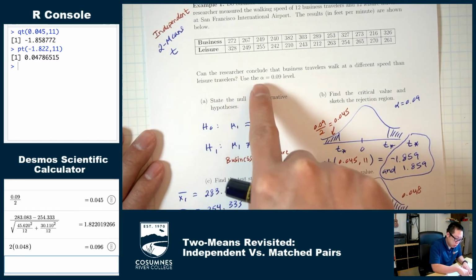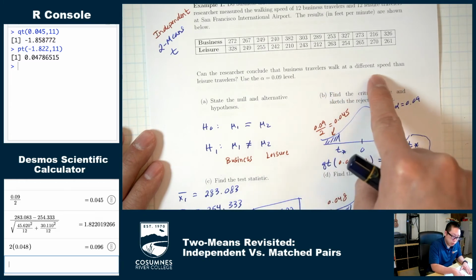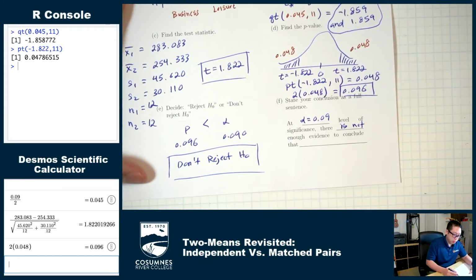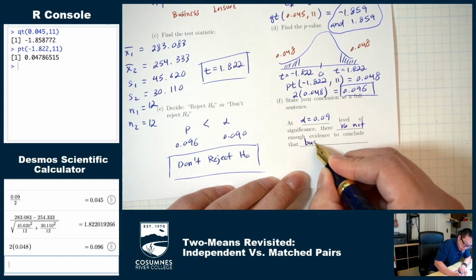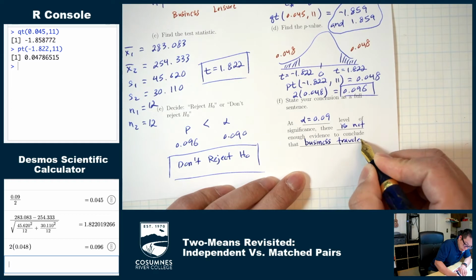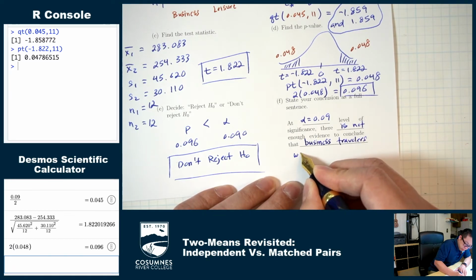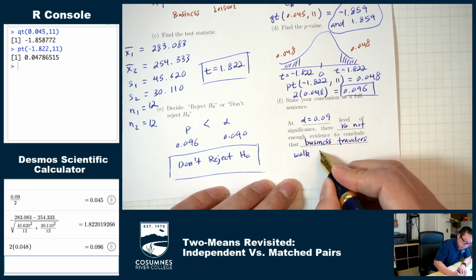Or go back to the question here. So we're trying to conclude that business travelers walk at a different speed than leisure travelers. So there is not enough evidence to conclude that business travelers walk at a different speed.